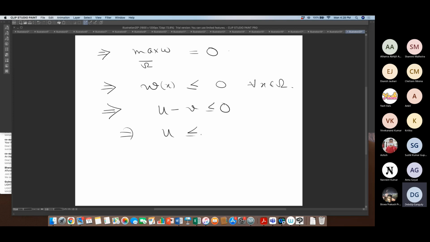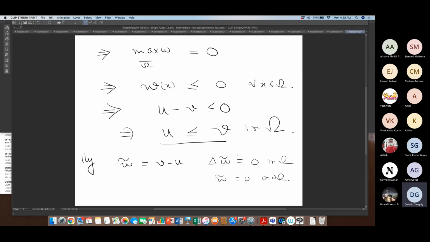This implies U is less than or equal to V. Similarly, we can choose W tilde as V minus U. Again, Laplacian W tilde equal to 0 in omega, and W tilde equal to 0 on del omega. Use the maximum principle. This implies W tilde is less than or equal to 0. This implies V is less than or equal to U in omega.